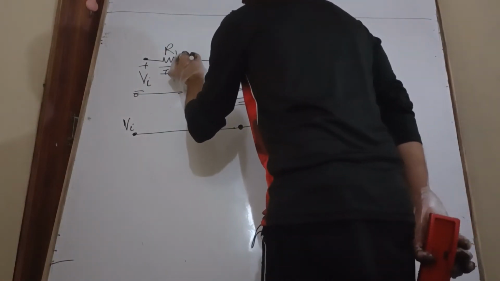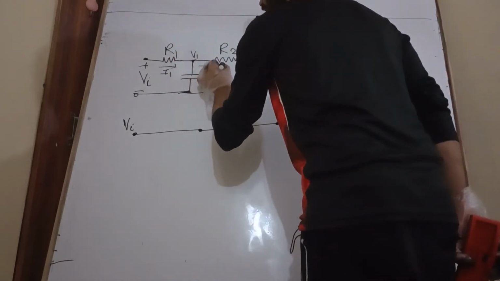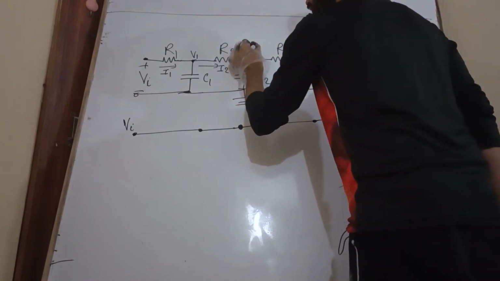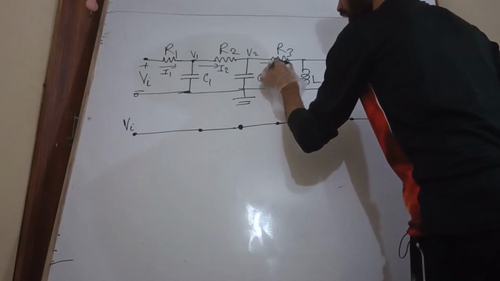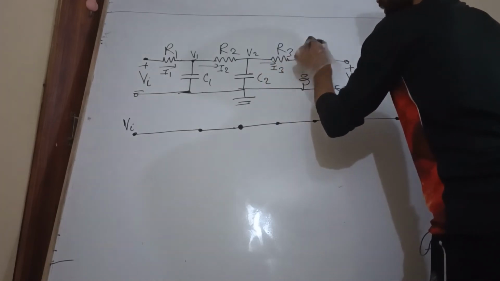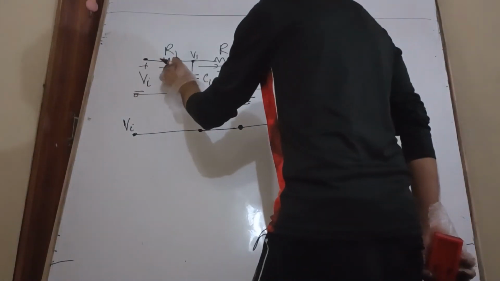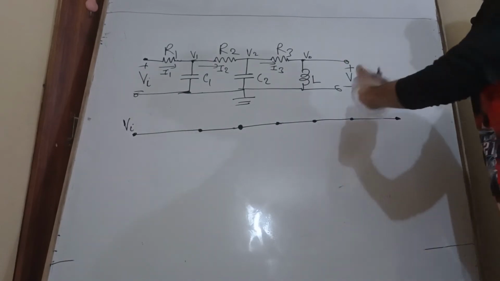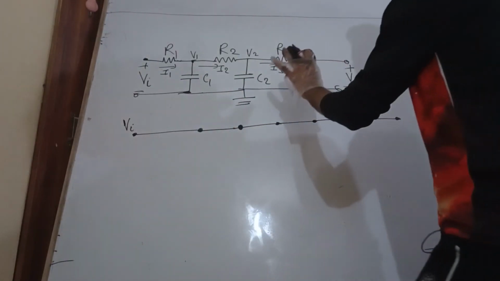Then next one is my voltage V1, next is my current I2, next is my voltage V2, next is my current I3, and next is my voltage V0. That's it. So this is voltage, current, voltage, current, voltage, current, voltage, alternately. Now we are going to write.